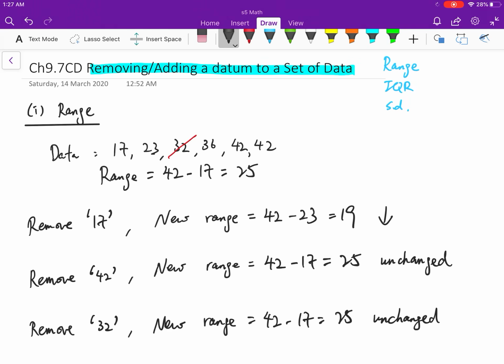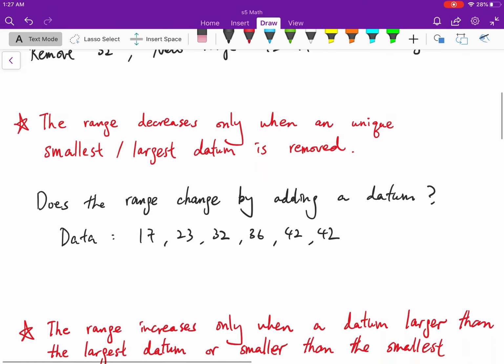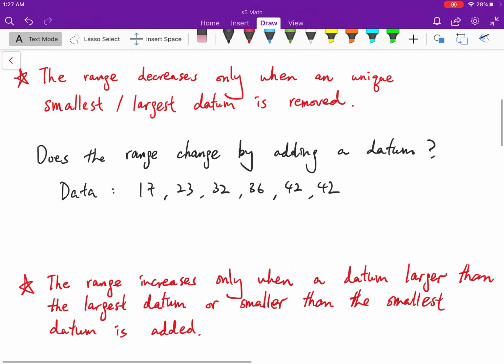So from these 3 cases, have you observed or can you discover when the range will be changed? Yes, it's only when the smallest value or the largest value, and if it is the only one, then the range will decrease.